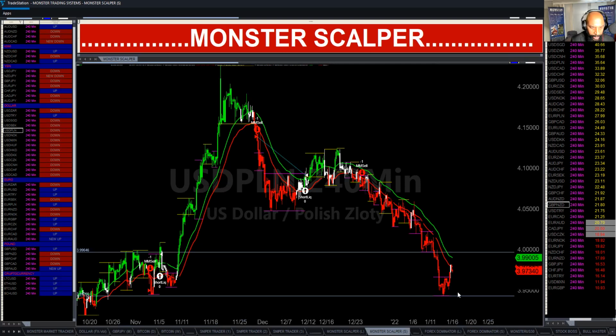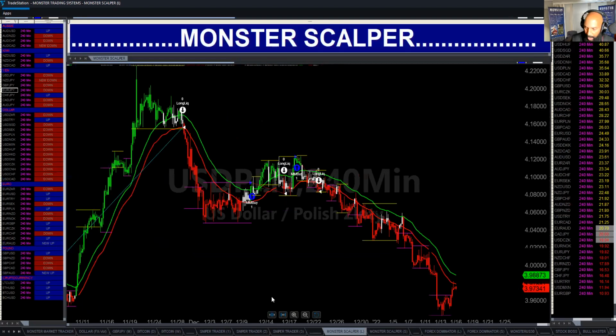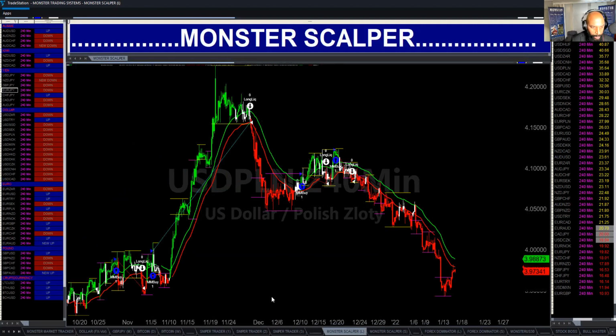We got a big candle last time, so it's making its way back up to this resistance. Once we start getting green candles, watch out, because we could get a buy signal to go higher again.